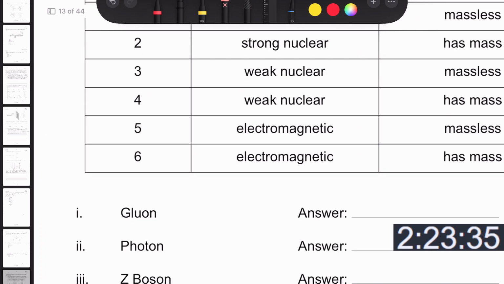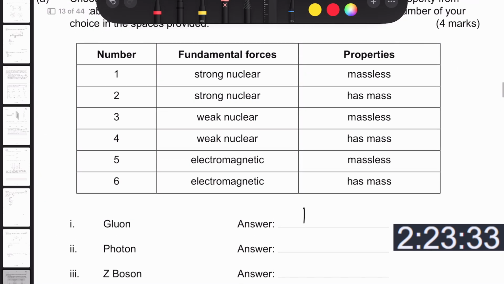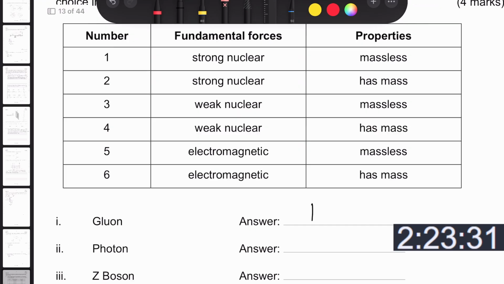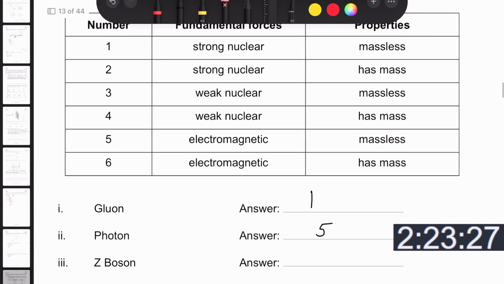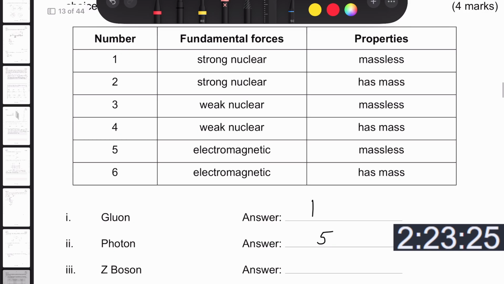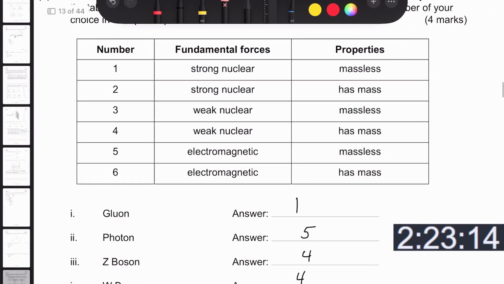Gluons are massless, so number 1. Photon is electromagnetic, and they also don't have mass, so 5. Z boson is the weak nuclear, and it has mass, so it'll be 4. And W boson is in the same boat, so 4, and it has mass.